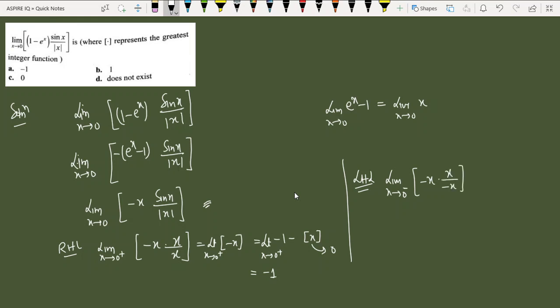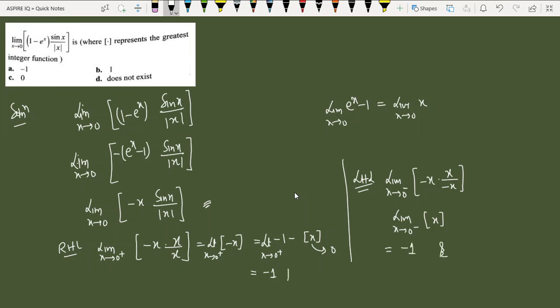I don't think you have any problem. So you can cancel this out, and it will be x. As x tends to 0 minus, x is negative, so the greatest integer of, like, minus 0.01, is minus 1. So the answer is minus 1.